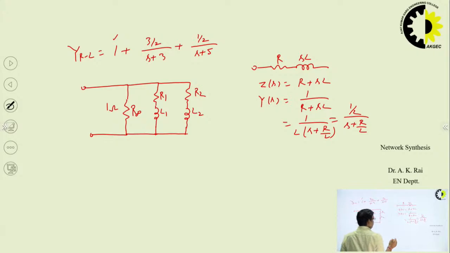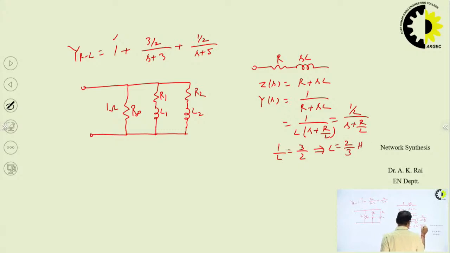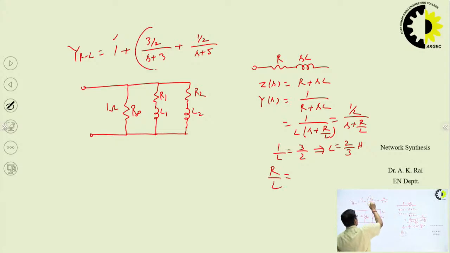So 1 by L is 3 by 2. So L is equal to 2 by 3 Henry. Similarly, R by L, look at this one, s plus 3. So R by L is equal to 3.